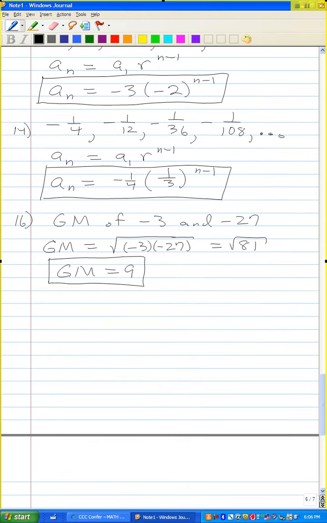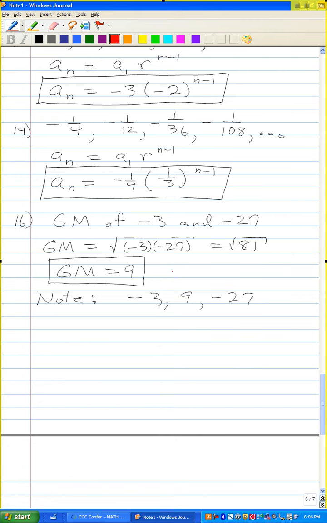Note that what we've really done is we've just inserted a term to make this a geometric sequence.